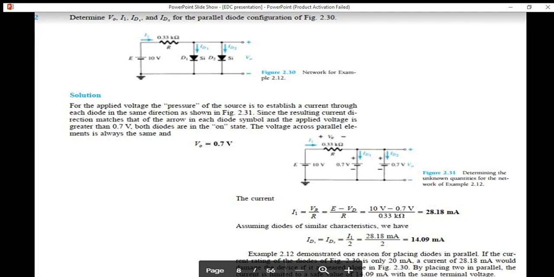Here the I1 comes is 28.18. Assuming diodes of similar characteristics, both the diodes have same current because they are in parallel according to KCL, Kirchhoff current law. The current divides in both diodes, 14.01 and 14.01.